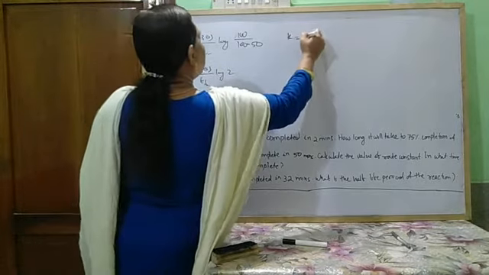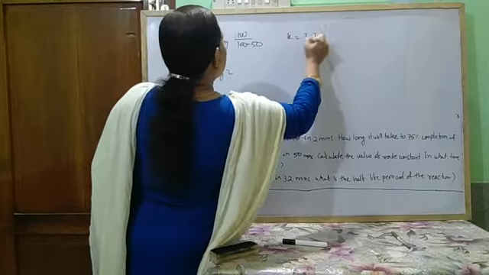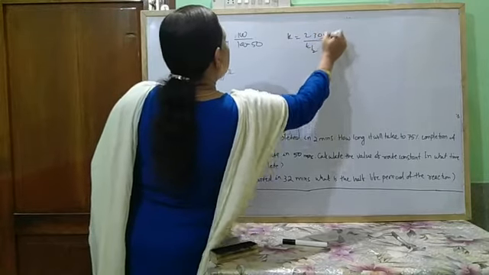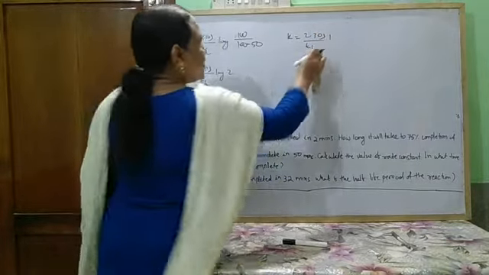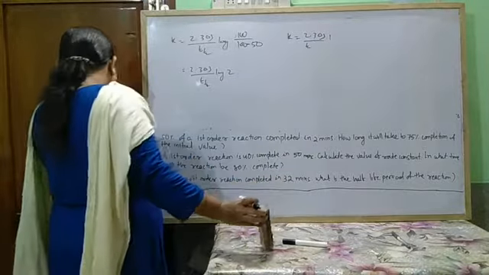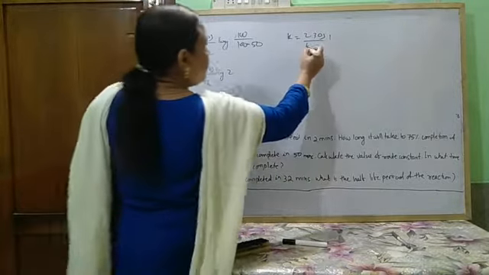Another case, K equals 2.303/T(75%), where 75% completed means 3 by 4.